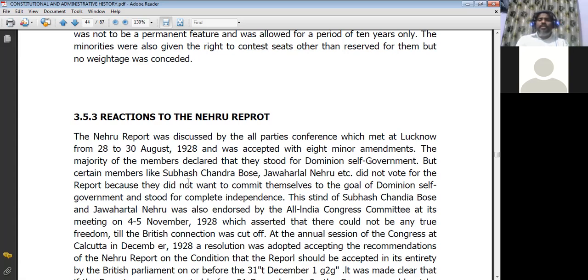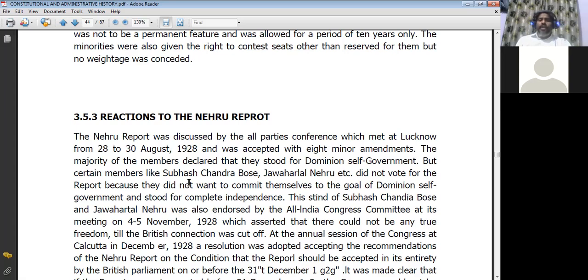This stand of Subhash Chandra Bose and Jawaharlal Nehru was also endorsed by the All India Congress Committee at its meeting on 4th to 5th November 1928, which asserted that there would not be any true freedom till the British connection was cut off.